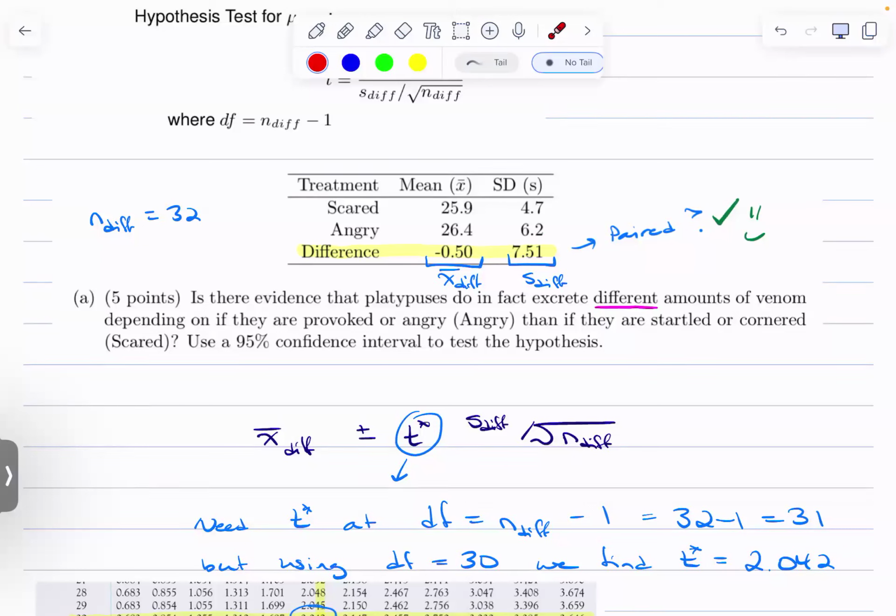So now, just to show that they're attached here, we are 95% confident the interval from negative 3.211 to 2.661 captures the mean difference of venom excreted when angry versus scared.